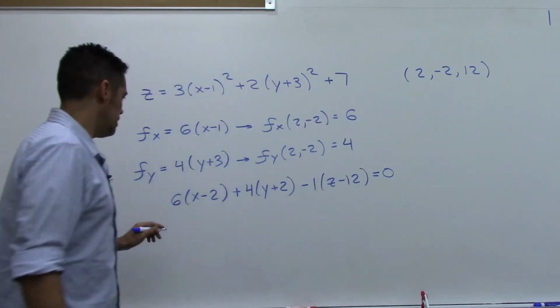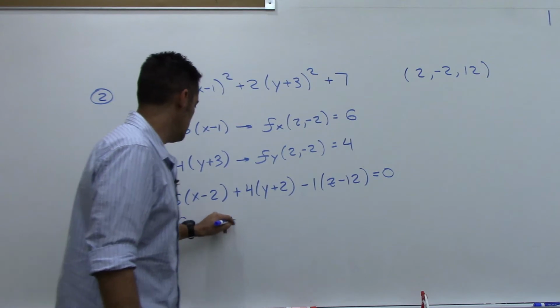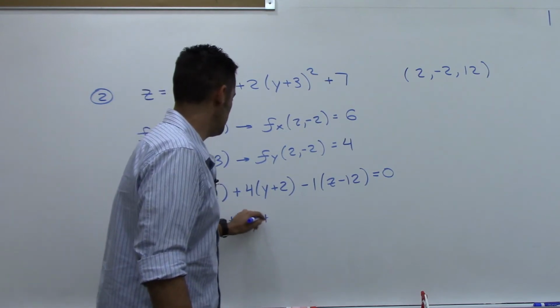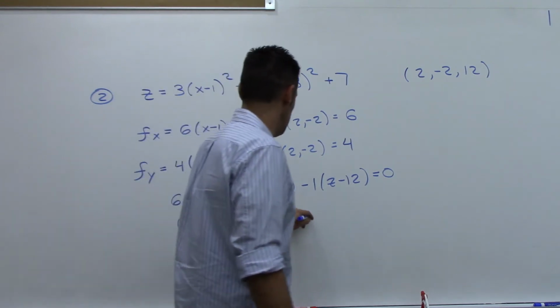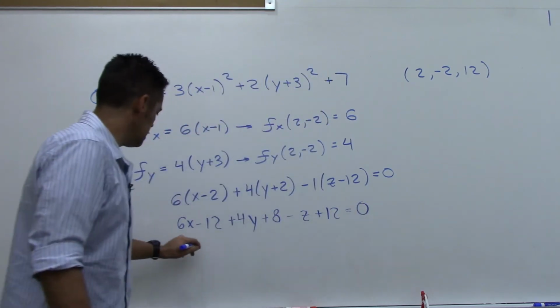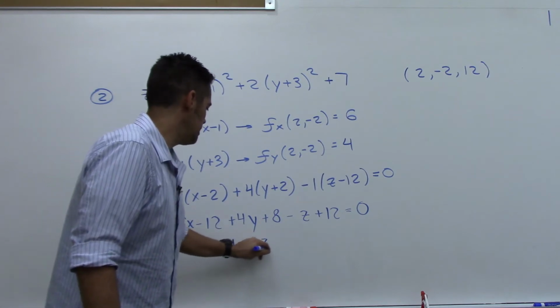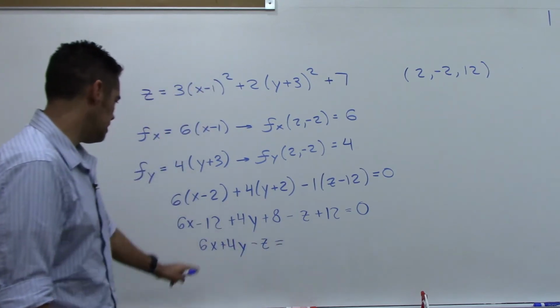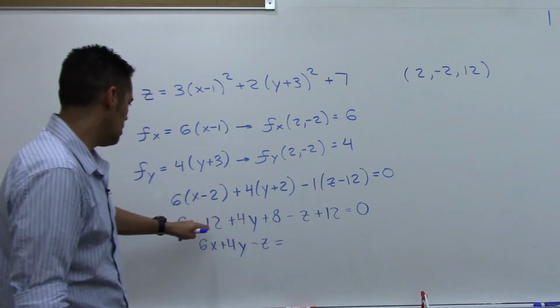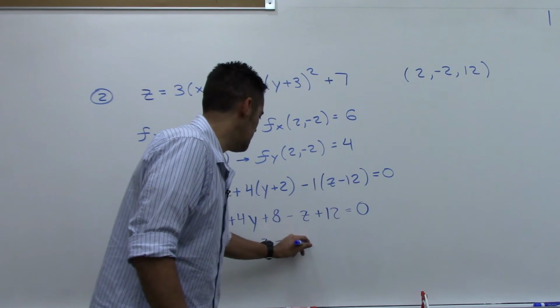And now I'm going to go ahead and just clean this up. 6x minus 12 plus 4y plus 8 minus z plus 12 equals 0. 6x plus 4y minus z equals, let me get my constants here, negative 4, oh wait, these are gone. Negative 12 and 12 gone, so I just have 8. I'll just take that to the other side, minus 8.